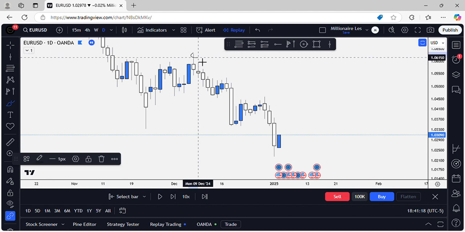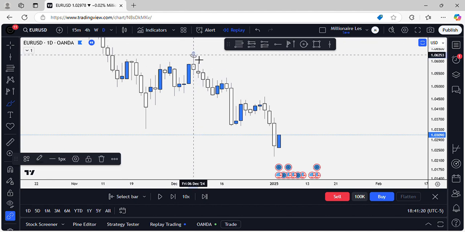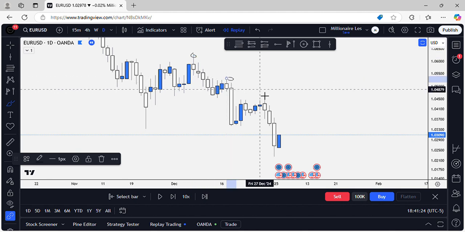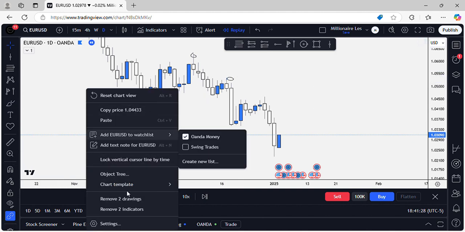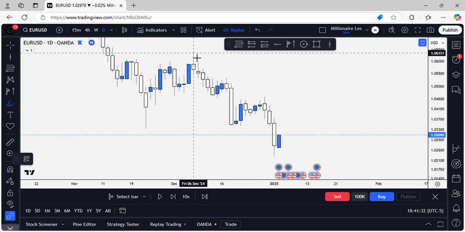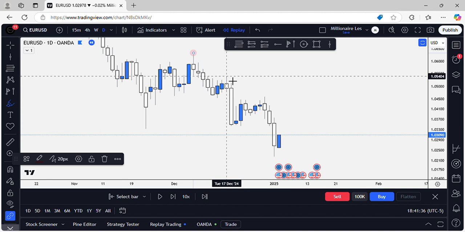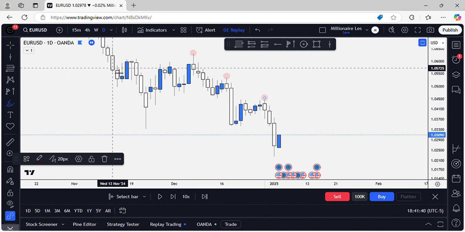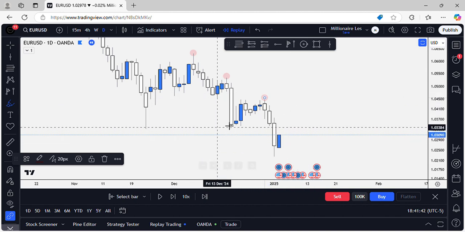This is one of my swing points where I would like to see price get to before selling. This is another swing point where I like to see price get to before selling. This is actually really ugly, let me clear it. This is the price where I like to get to before selling, right here and right here. Again, all swing points.